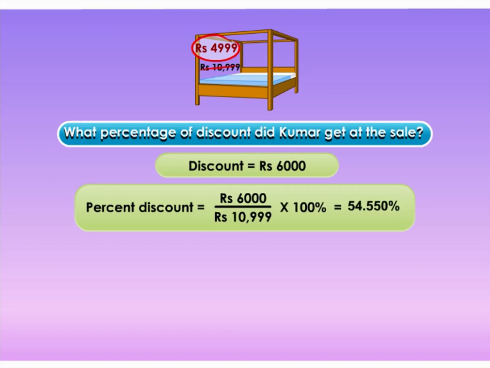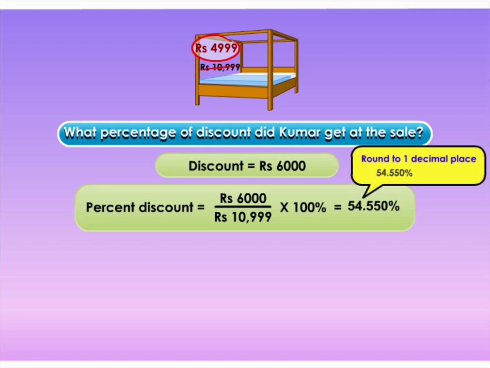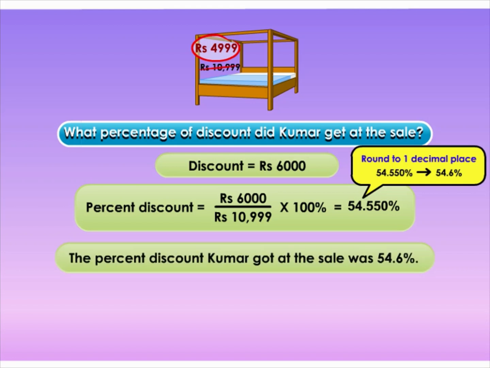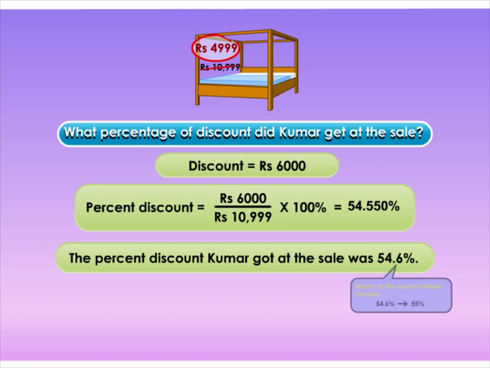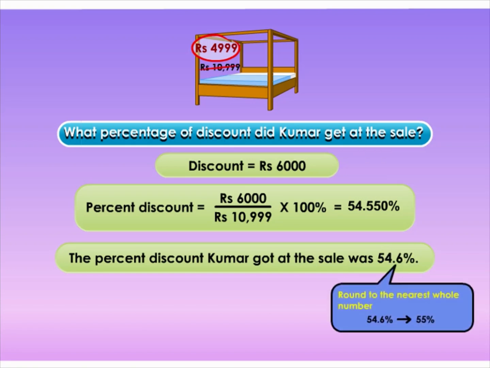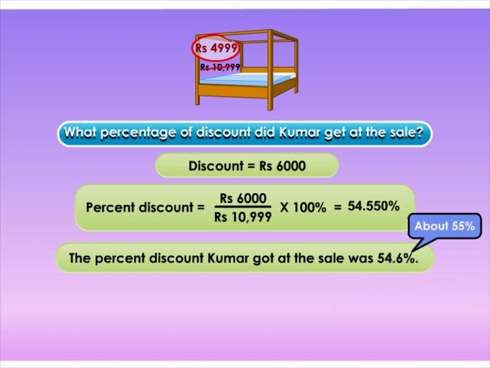This gives us 54.55%. Rounding 54.55% to one decimal place gives us 54.6%. So the percent discount Kumar got at the sale was 54.6%. Or it will make more sense if we say that the percent discount Kumar got at the sale was about 55%.